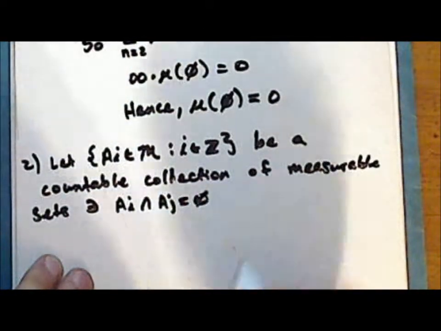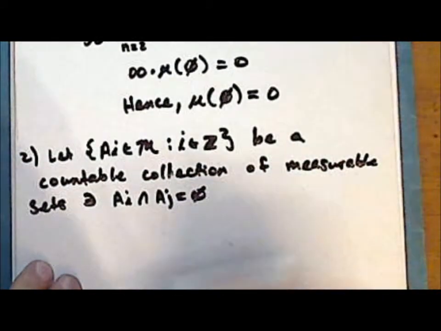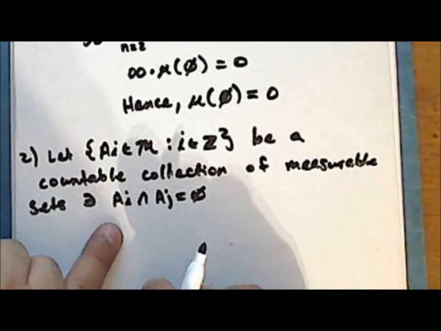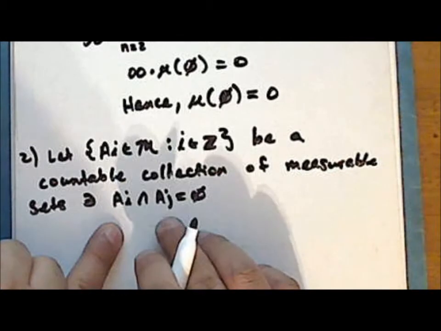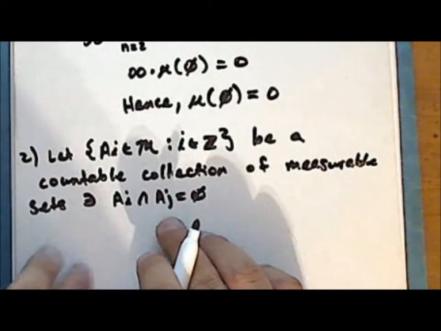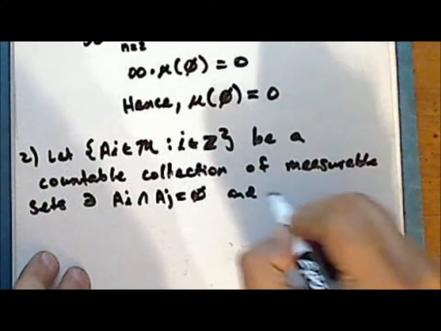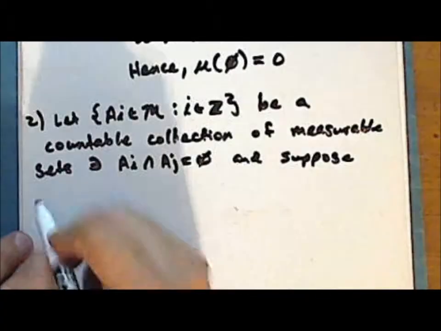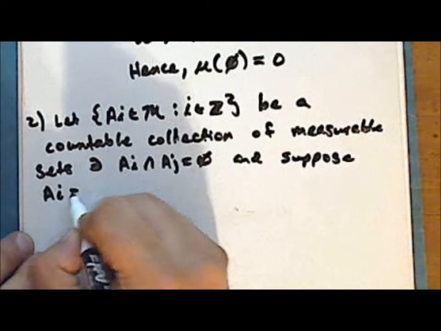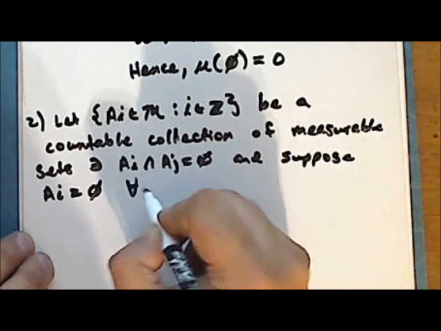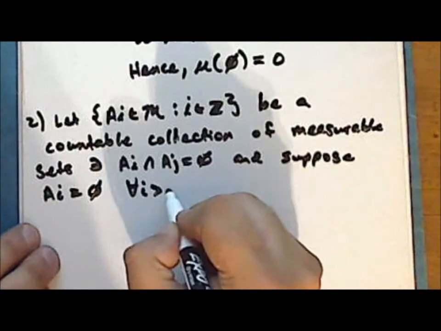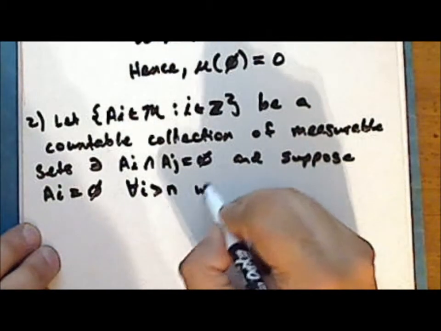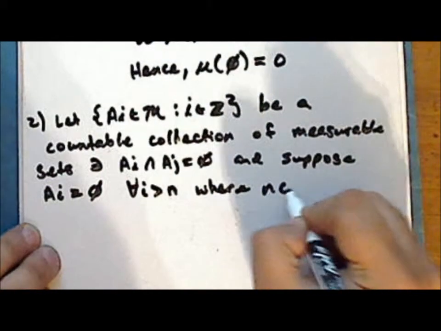That is, it is a set of mutually disjoint measurable sets. And further, let's suppose that A sub i is equal to the empty set for every index value i greater than some n, where n is a positive integer.